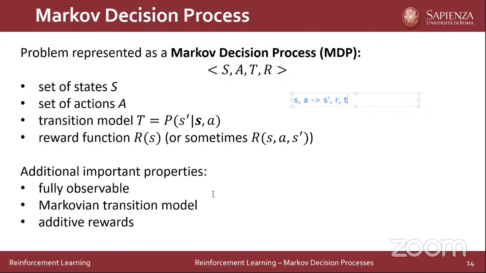So as we mentioned, the MDP has fully observable states. The transition model is Markovian, and the rewards are additive. In the case where you don't have a fully observable MDP, you call this a POMDP, a partially observable Markov decision process.